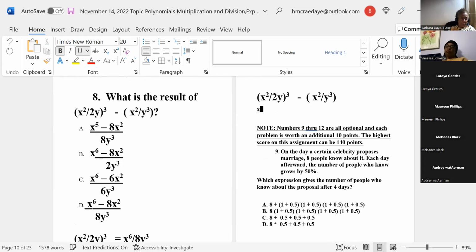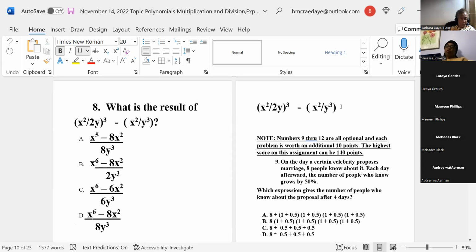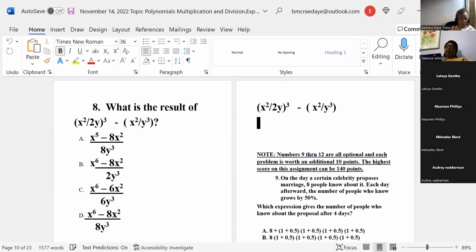So x, make that just as big. Okay, so that's x to the 6th and over 8y to the third. So let me just put it over it. And that's 8y to the third.